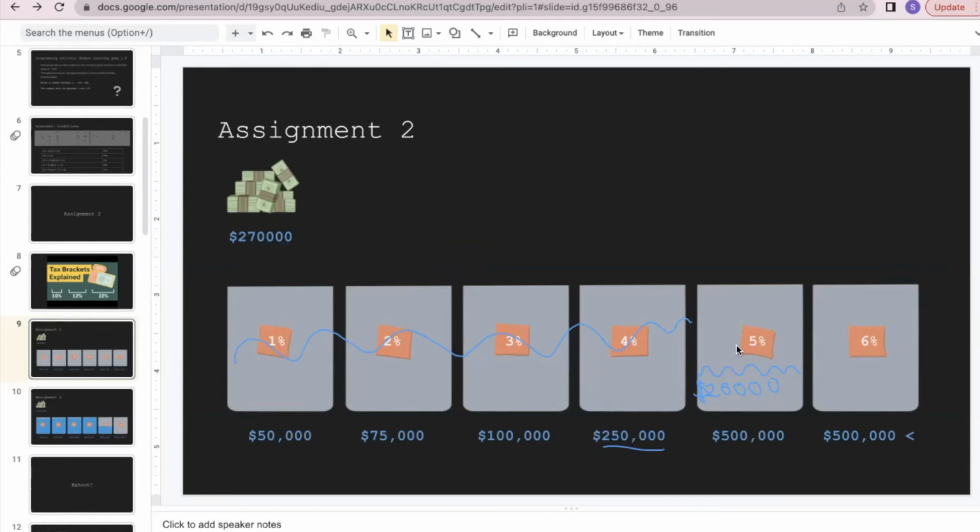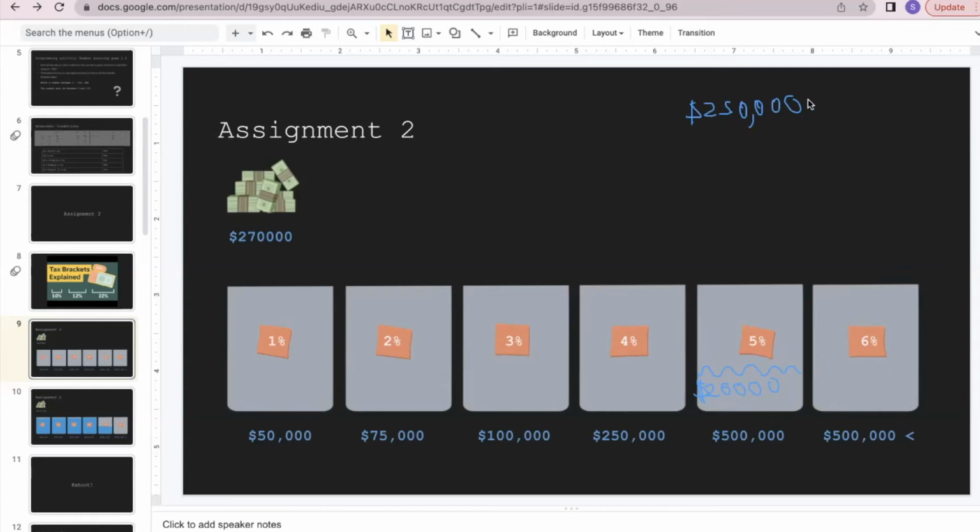And then, well, we just taxed 20,000 of our dollars, right? So we're going to be left with 250,000 left that we need to still tax. So now we're going to look at bucket number 4, and we need to figure out how much is getting taxed at 4%. At 4%, we're going to tax everything that's above 100,000.